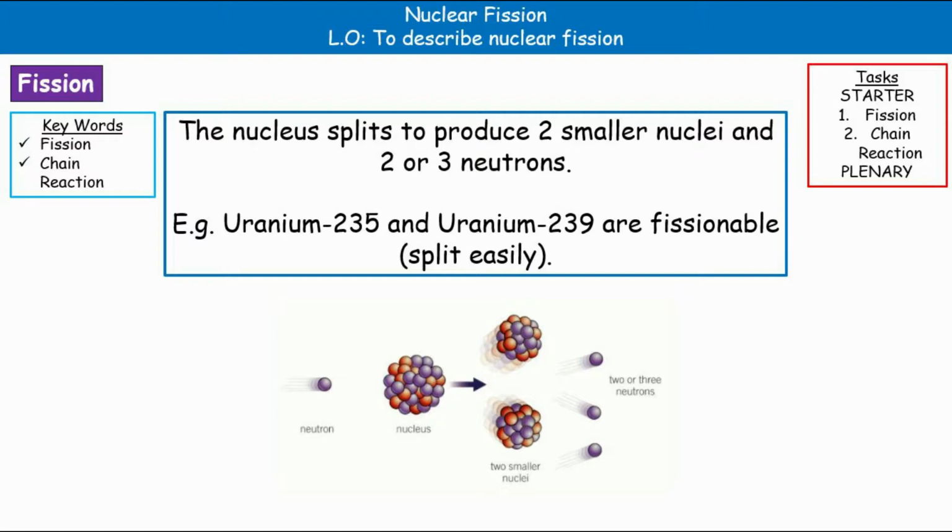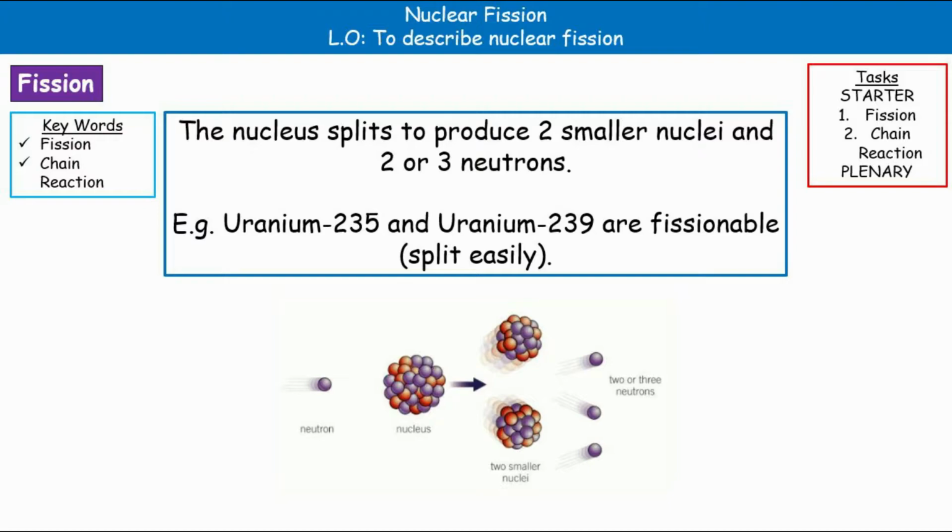The purple blob's just zipping off to the right of the screen. So this is the process of nuclear fission. We've got a large nucleus, and then as that neutron has come in, it's triggered this reaction where it's going to split into 2 smaller nuclei and 2 or 3 neutrons.